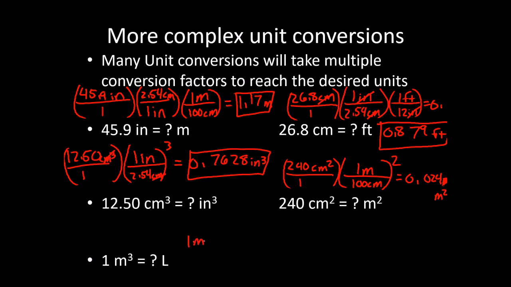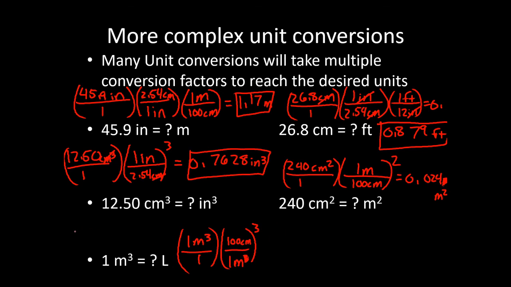So 1 meter cubed, I'm going to go ahead and convert that to centimeters cubed. So for every 1 meter, hold on, I should not have cubed that there. Pretend like that's not there. So just for every 1 meter, there is 100 centimeters. And I'm going to go ahead and cube that conversion factor to take care of the cube here.